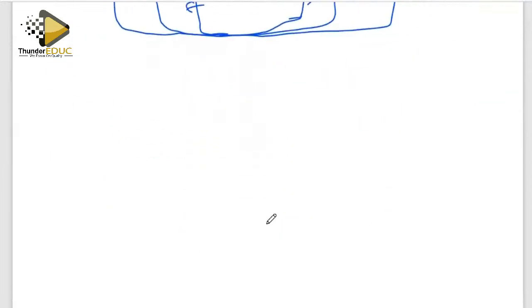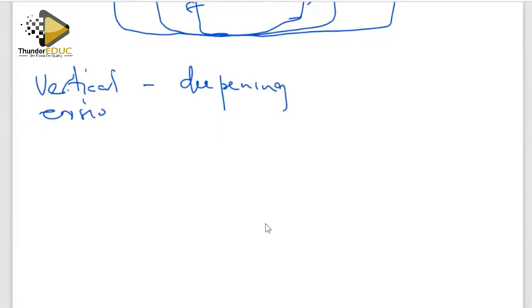That is lateral erosion. Then we have what we call vertical erosion as another type of erosion. Vertical erosion is responsible for deepening the river channel. What happens is that the erosion happens vertically like this.